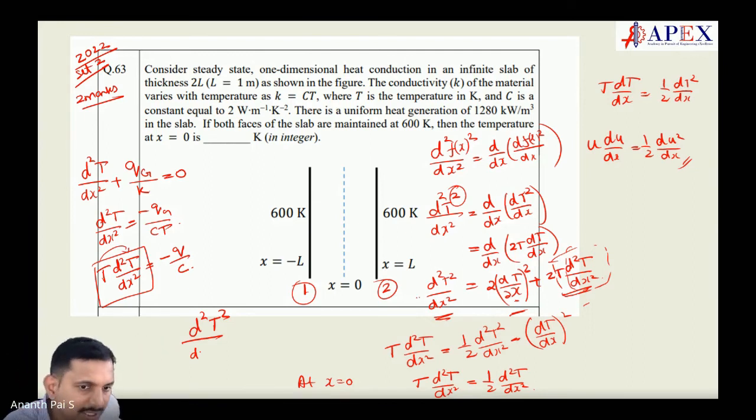Now this integration, if you do it like that, it is applicable everywhere, but this is applicable only here. What is the temperature based on the site temperatures? We cannot get the plot. So this non-linear differential equation we have to solve.